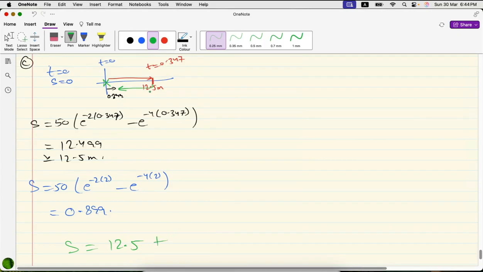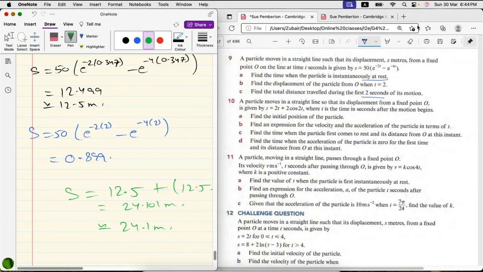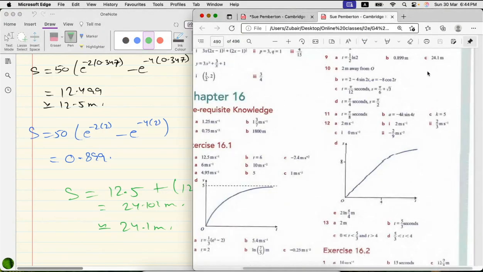And then this distance is 12.5 minus 0.899. 12.5 plus 12.5 minus 0.899 is 24.101 meters. 24.1 meters.